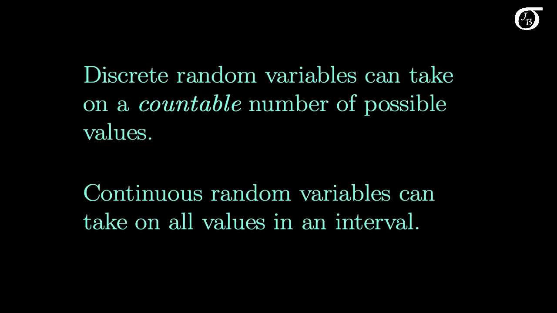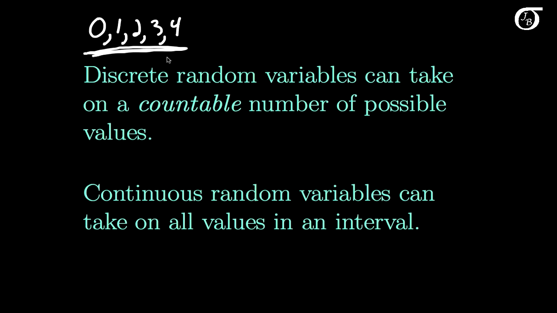Discrete random variables can take on a countable number of possible values. So if we think back to our die example, we had the possible values 0, 1, 2, 3, and 4. There were 5 possible values, so that's a countable number of possible values. Another way of thinking about this is that discrete random variables can take on a value from a set of distinct possible values, like these.